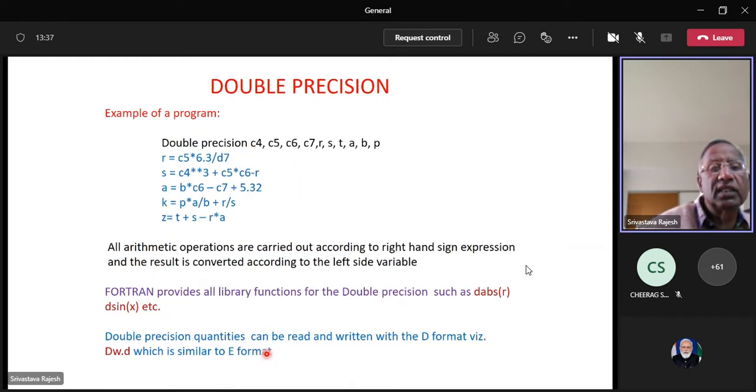So here is an example of a program. I want these variables to be double precision, C4, C5, C6, 7, RST. So I have declared this double precision and the list of variables separated by commas. Now when I do the calculation, here I have used 6.3, not a double precision here.